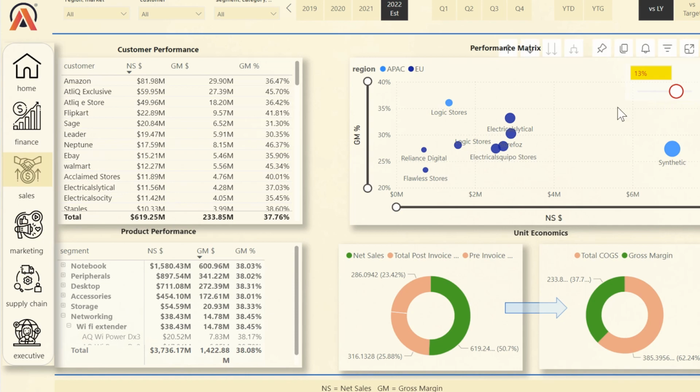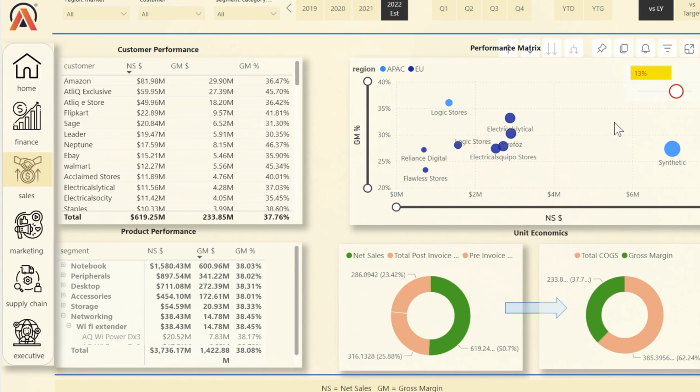So here you can see the slider too. This slider is basically the target gap tolerance of GM percentage. If we subtract the target from the GM percentage, then the excess percentage is shown here.